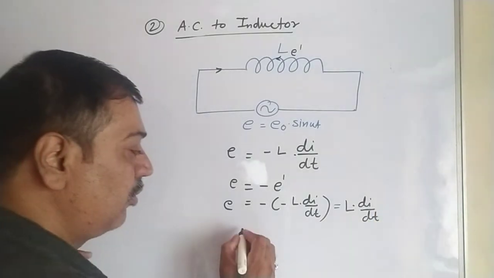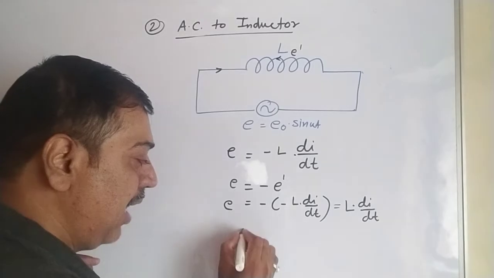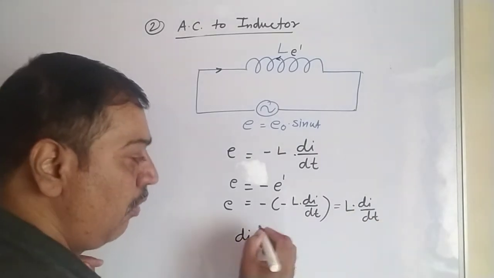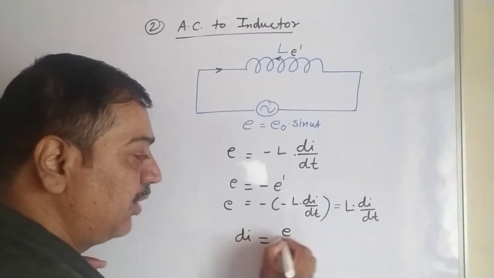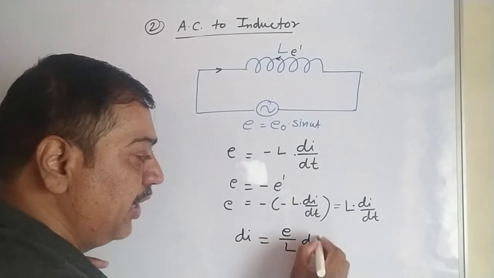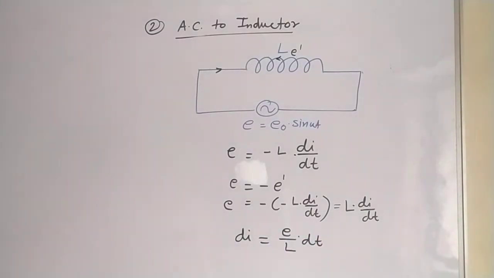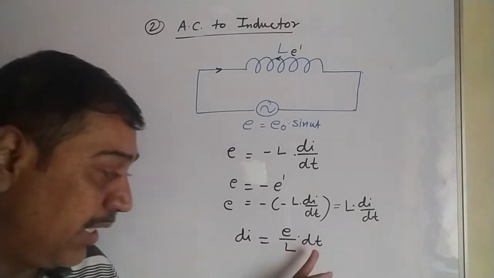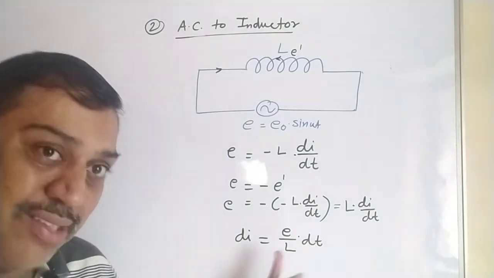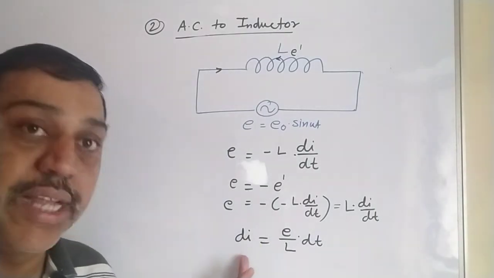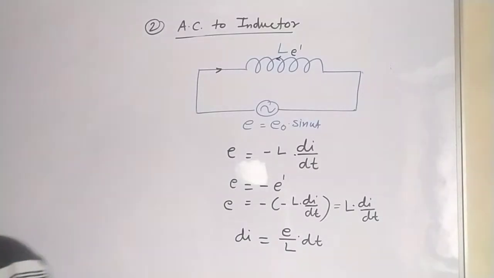Keep di as it is, and move L to the other side: di equal to E by L into dt. Here dt is the amount of time for which current passes, L is the inductance, E is the EMF, and di is the current. Okay, so we have found it.